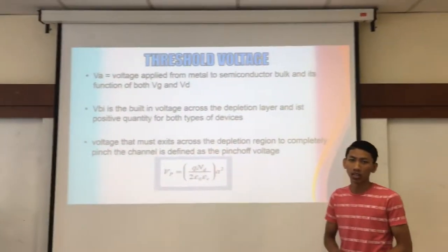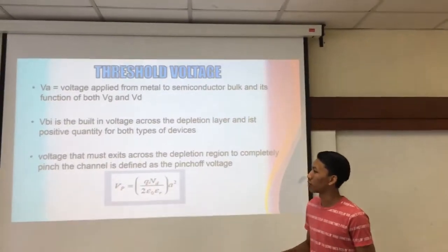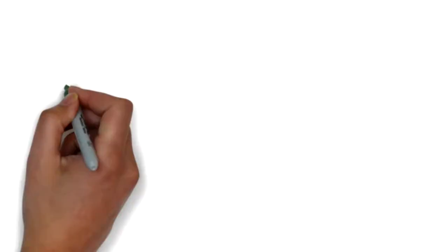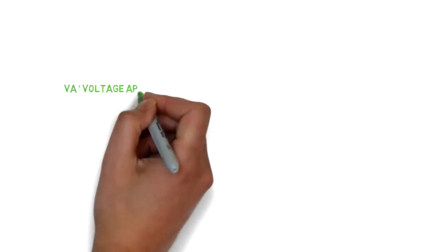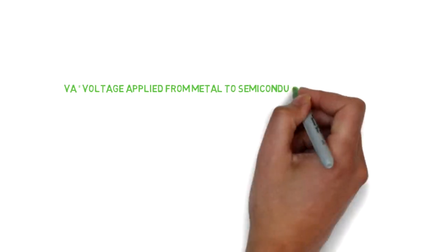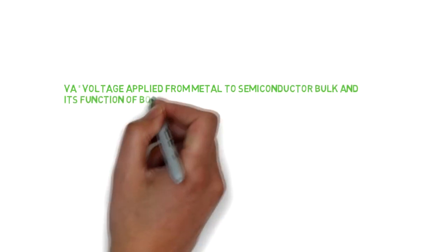Today I will continue the presentation about the MESFET. The importance of MESFET is the threshold voltage. VA is the voltage applied from metal to semiconductor bulk, and it is a function of both VG and VD, which are the gate voltage and drain voltage.